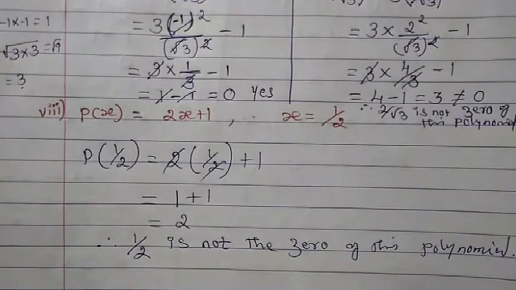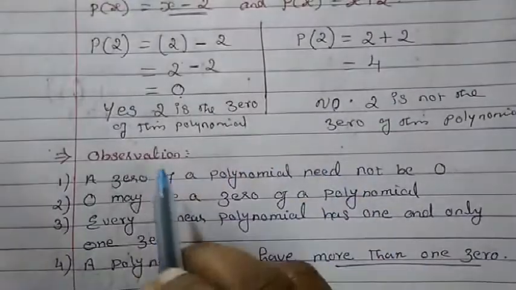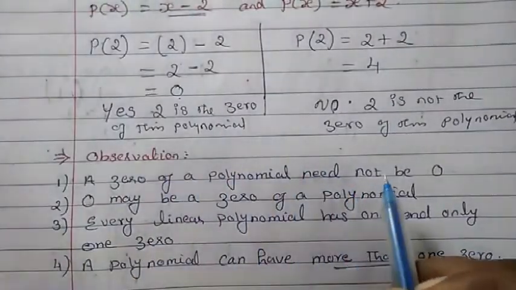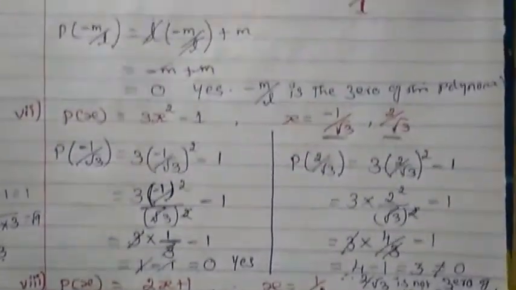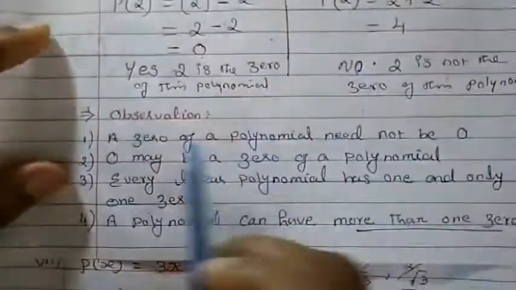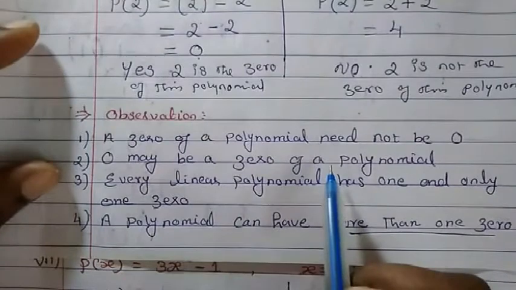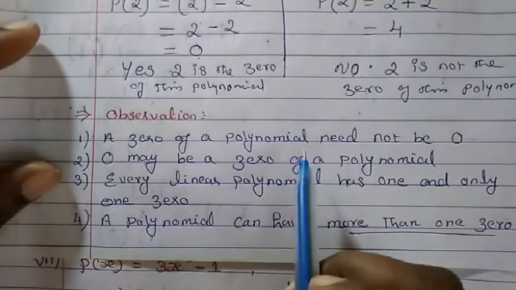I hope it is clear to you, and I have made the concept clear to you. A 0 of a polynomial need not be 0. These two concepts are clear to you here, as I explained. 0 may be a 0 of a polynomial, but it is not compulsory that a 0 of a polynomial should be 0.